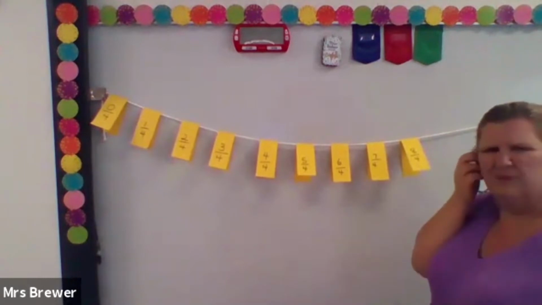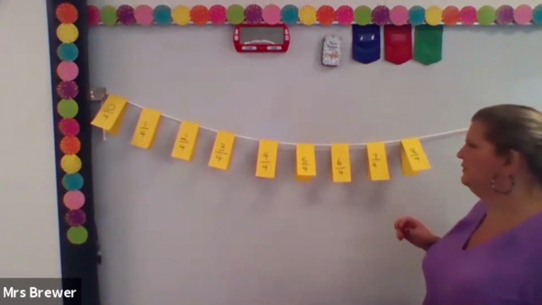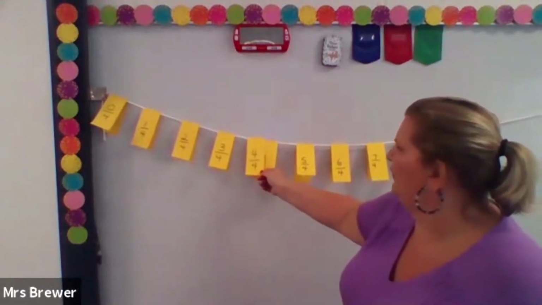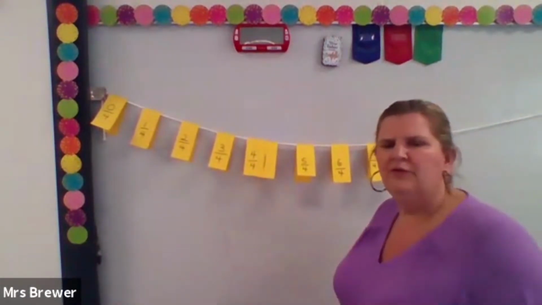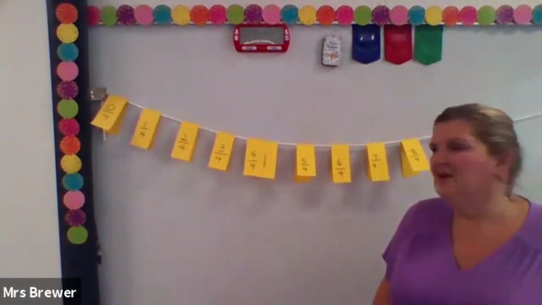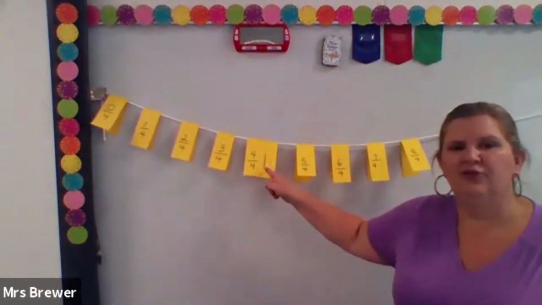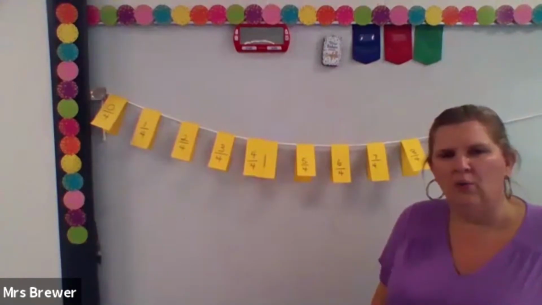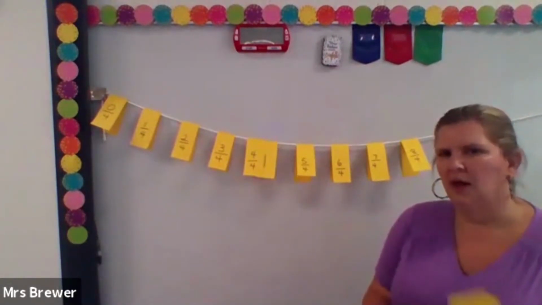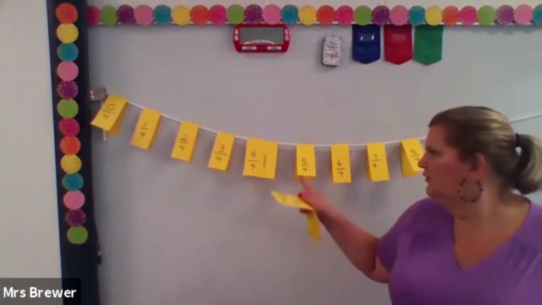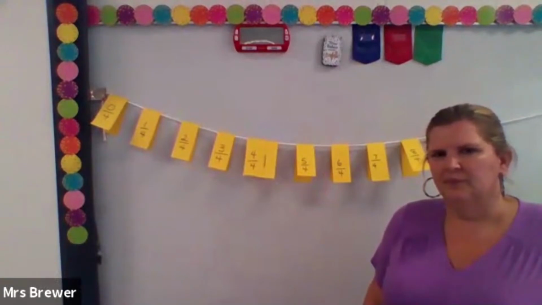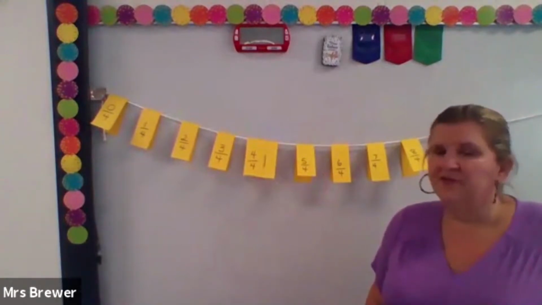But, boys and girls, I'm thinking. So I know 4/4 here, and I'm just going to slide it right over here. We know 4/4 is equivalent to what whole number? You're right. It's equivalent to 1 whole, right? So 4/4 equal 1 whole. So let's look at 5/4. Do we have a 4/4 and 5/4?